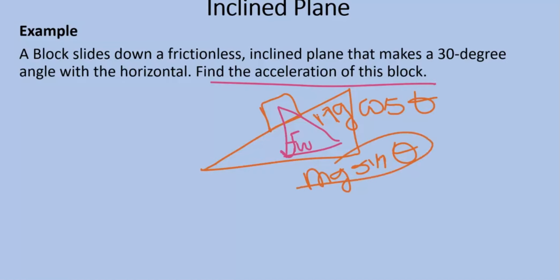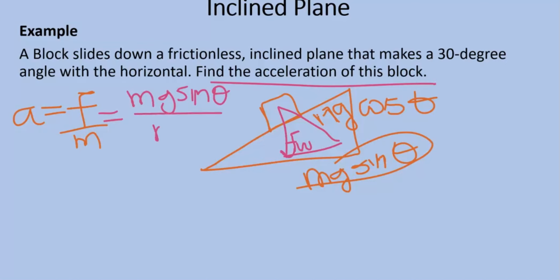To find the acceleration, we know that a is equal to force over mass. The force here is mg sin theta, over m.